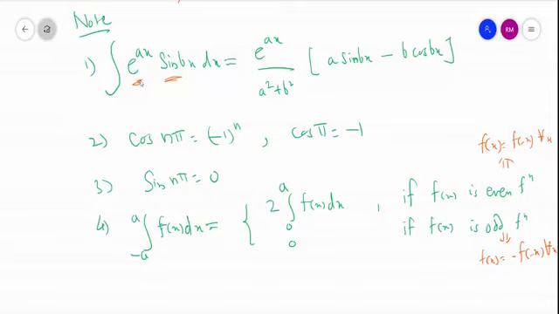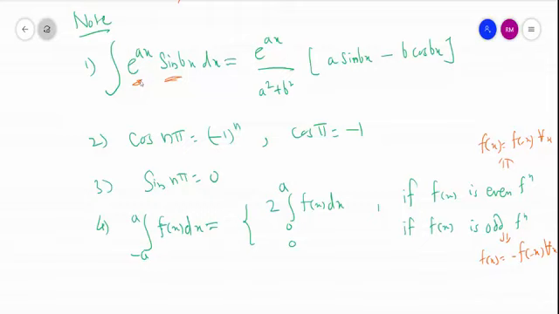Again, the second thing is cos n pi is always minus 1 raised to n, n is some integer. So in short, cos pi is minus 1, sin n pi is 0, n is any integer.